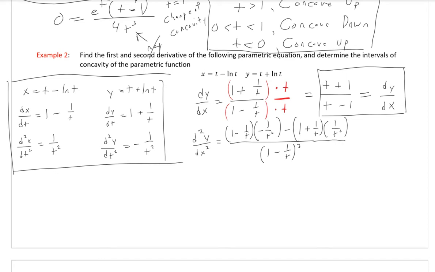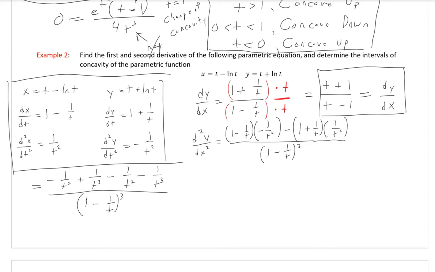Okay. Now this will take a little bit. We can multiply these. I'll get negative 1 over t squared plus 1 over t cubed minus 1 over t squared minus 1 over t cubed, all over, making sure I got those right, plus plus, minus minus, yep, everything was good, over 1 minus 1 over t quantity cubed.